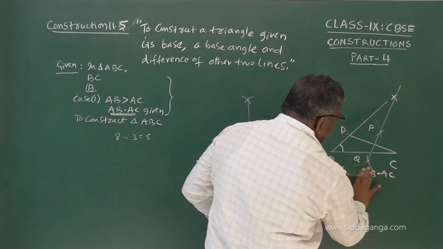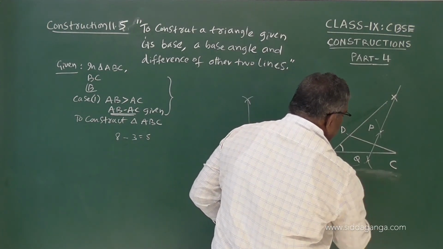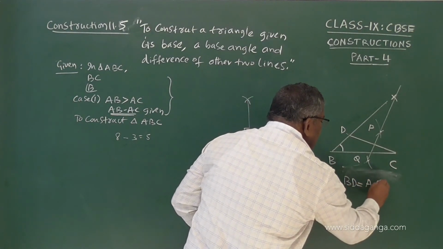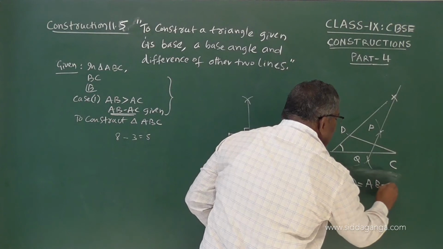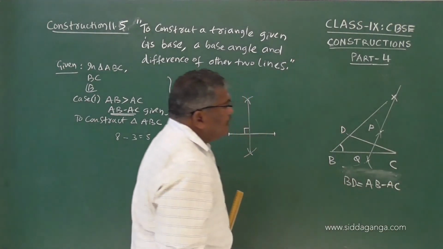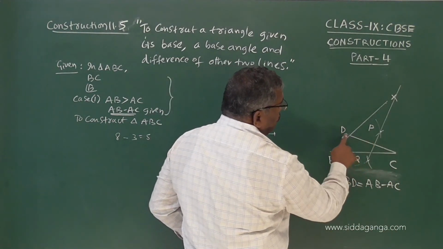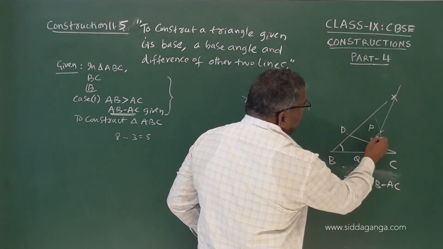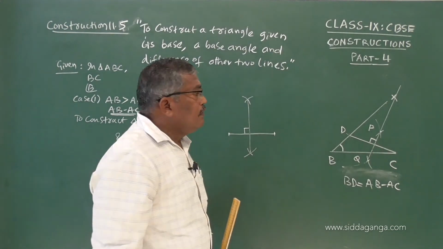So this is, I will write below, BD is equal to AB minus AC. So line PQ is the perpendicular bisector of DC, therefore this is 90 degrees.